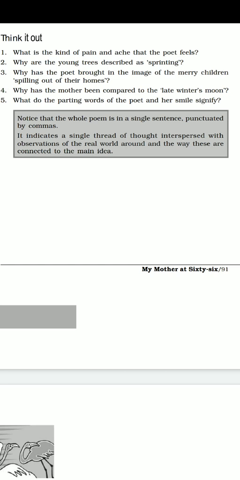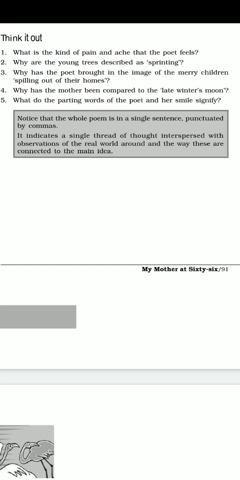To highlight the atmosphere inside the car, she has deliberately brought in the image of the married children spilling out, because this image is very much opposite to the atmosphere inside the car.